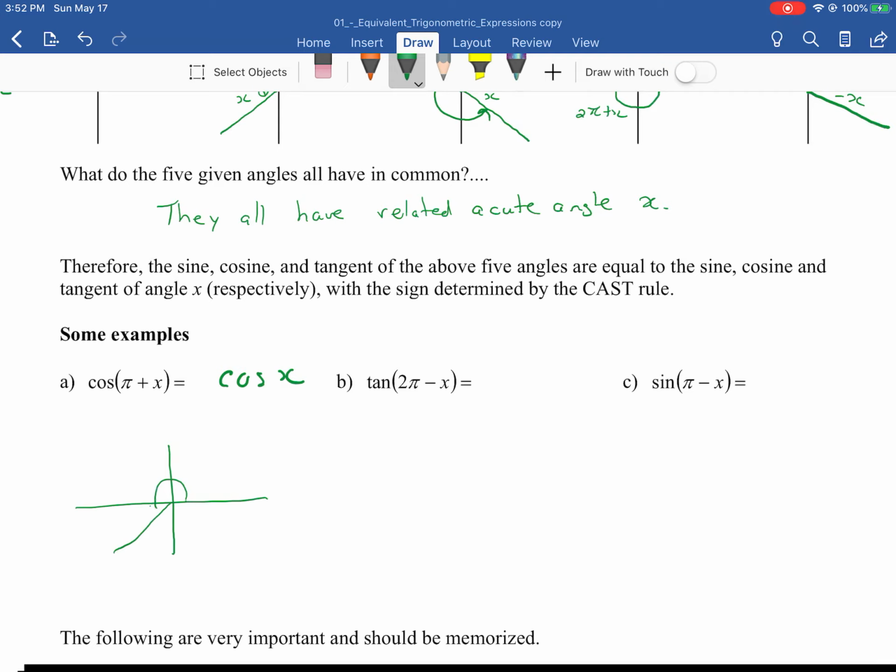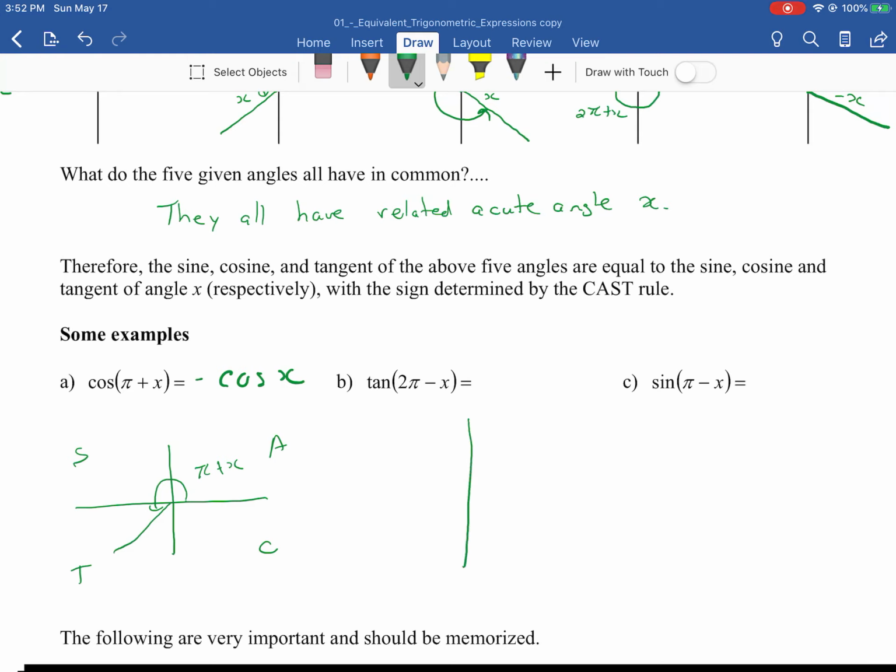Cosine of pi plus x would be here. I'm going to redraw that diagram from above. There's pi plus x. And it has gone into a tan-only positive quadrant, which means if you want to find the cosine of pi plus x, you'll get the same answer as what you would get from negative cos x. It has mapped itself into a tan positive quadrant.